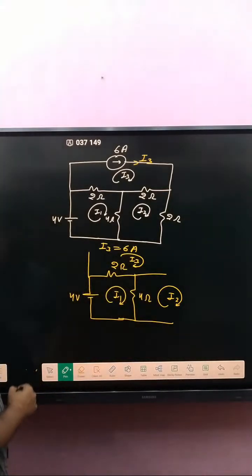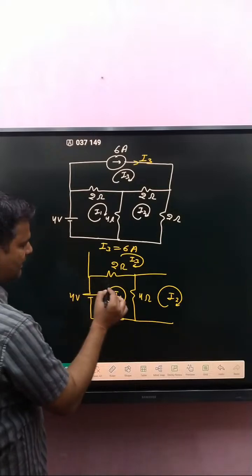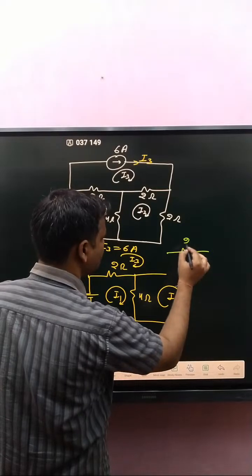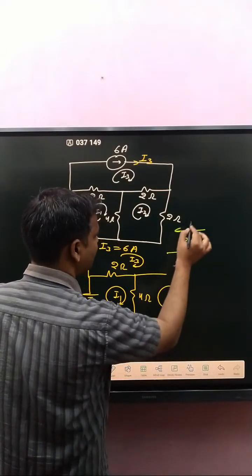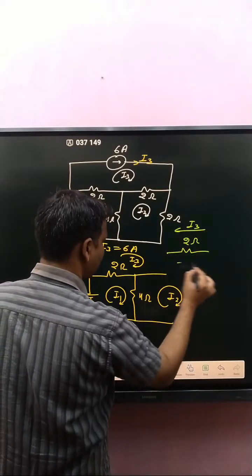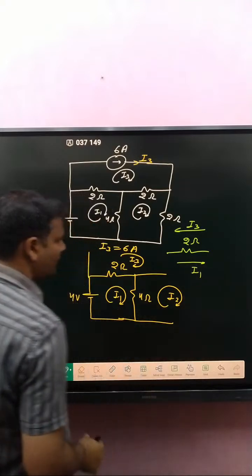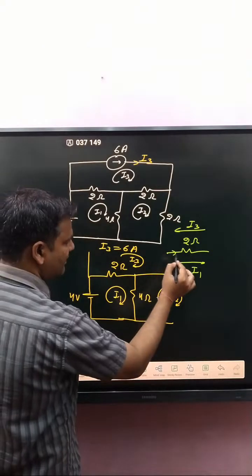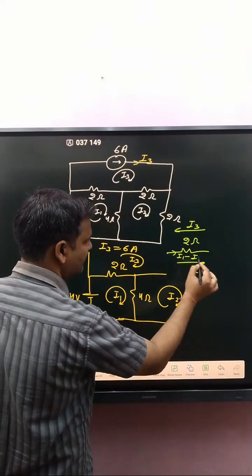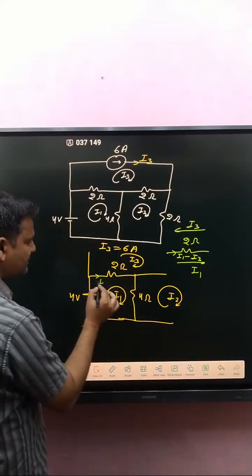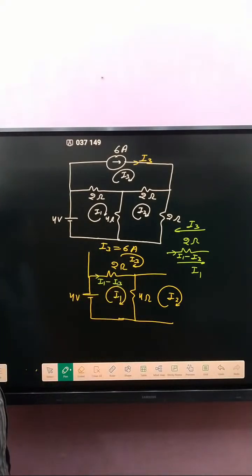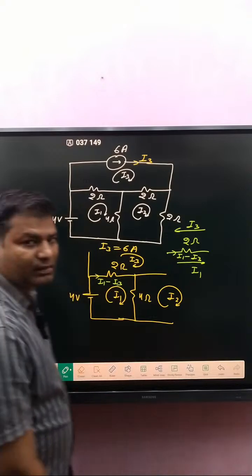So what about branch current? If any doubt, then make here, that is 2 ohm, I3 current direction like that one, I1 current direction like that one. If you want the net current direction here, I1 is greater than I3, so the current in this branch is I1 minus I3 simply.